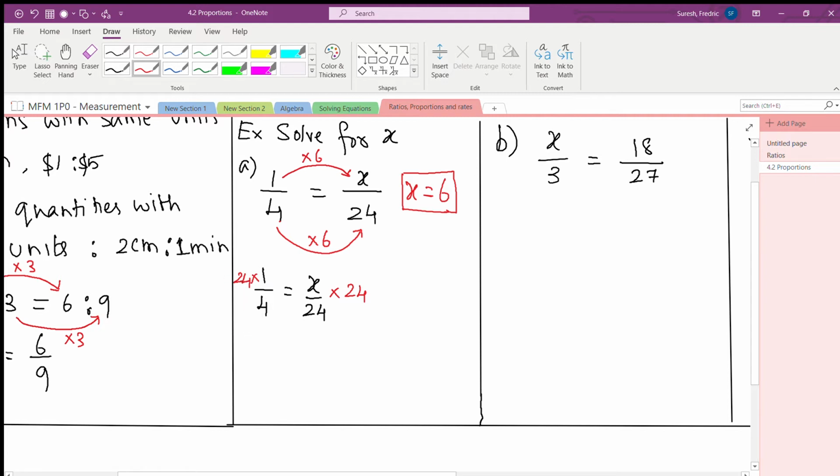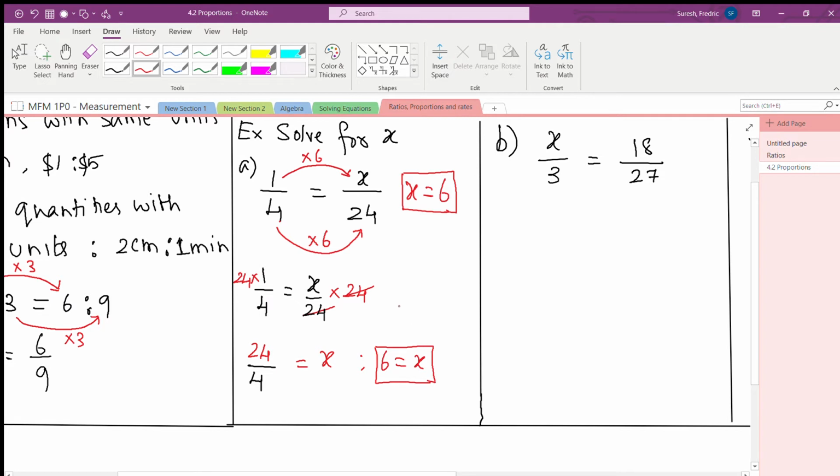Here, 24 times 1 is 24. And I still have the 4 here. And on the right side, cancel, cancel. So I have this. So 24 divided by 4, that should give you 6, and x equals 6. So get used to doing these problems both ways.